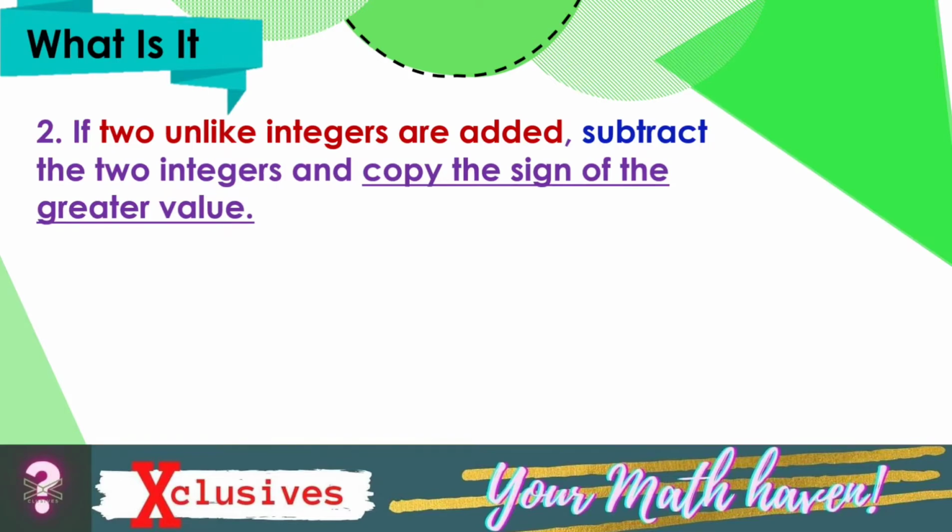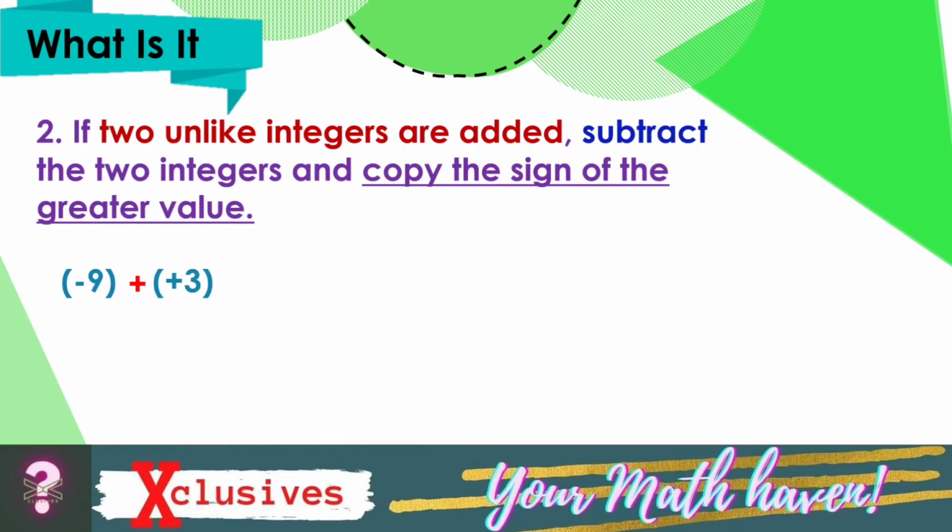Rule number 2. If two unlike integers are added, subtract the two integers and copy the sign of the greater value. For example, negative 9 plus positive 3. As you can see, they have different signs.